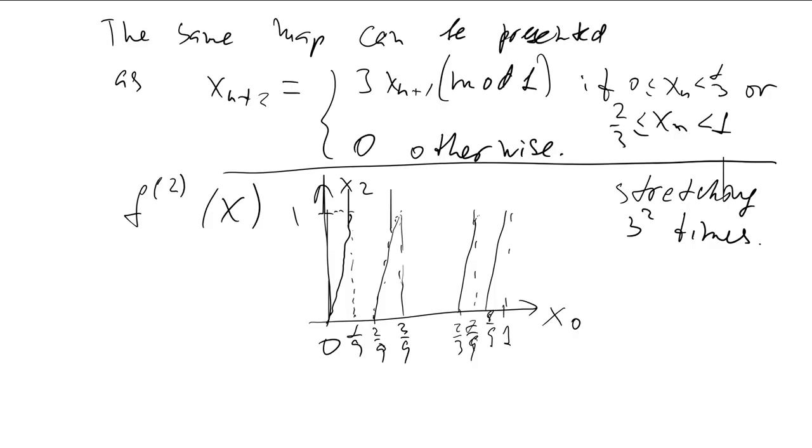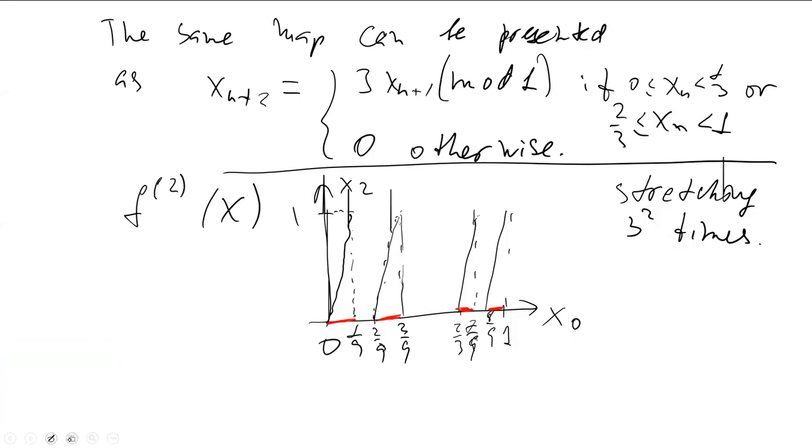So what we got: x_2 is non-zero if x_0 is here, here, here, and here.